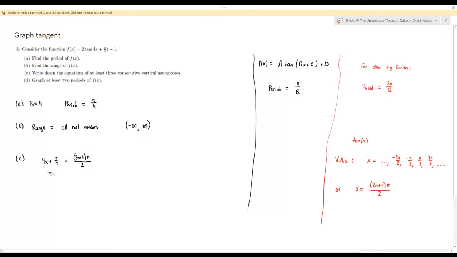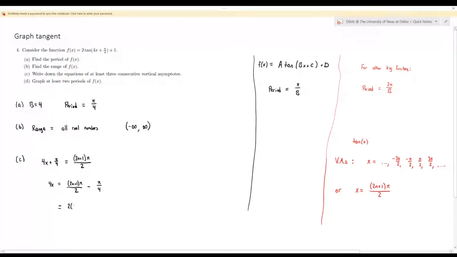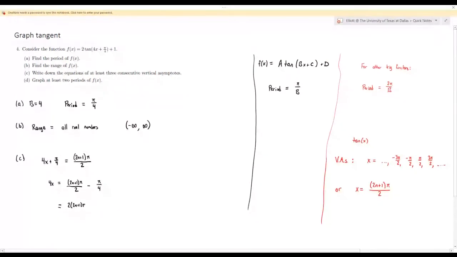So in this case, I want to solve for x right now, so I would subtract pi over 4 first. I'm going to get a common denominator, so I'll multiply this fraction on the top and bottom by 2, just to get that common denominator. And then we're also subtracting pi over 4.